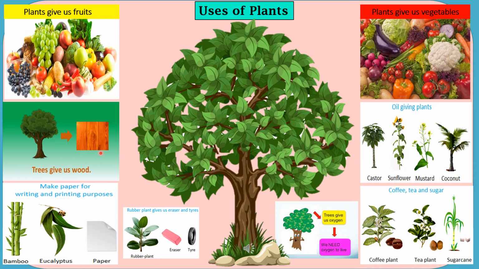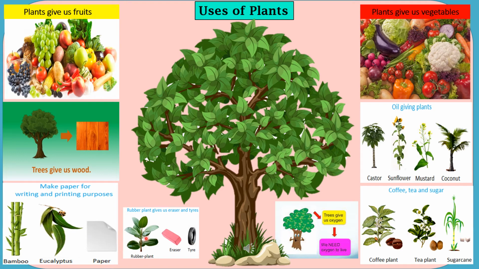Trees also give us wood to make furniture and all the things that can be made out of wood. Paper also can be made out of wood, and there are some special plants from which paper can be made, eucalyptus and bamboo, and these are used to make paper.